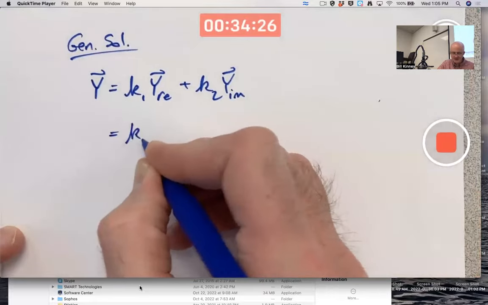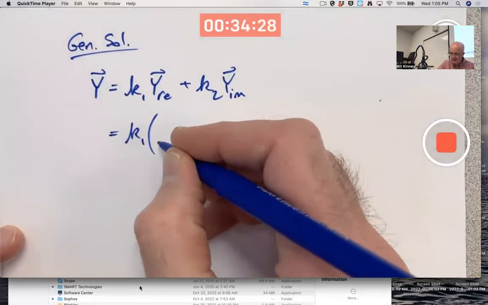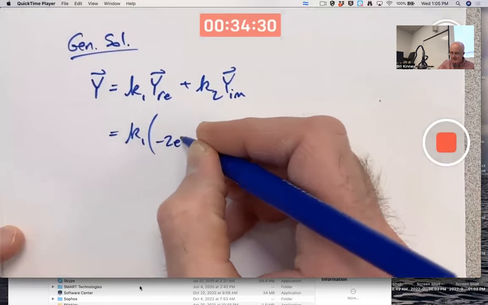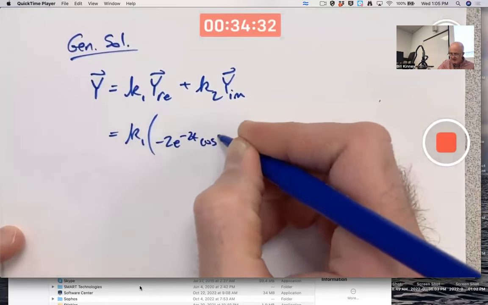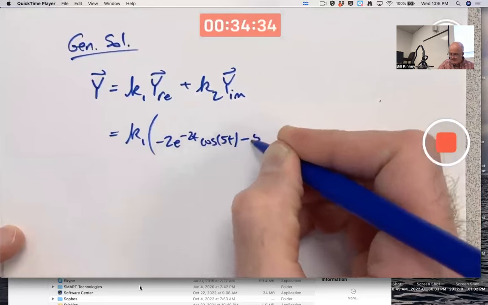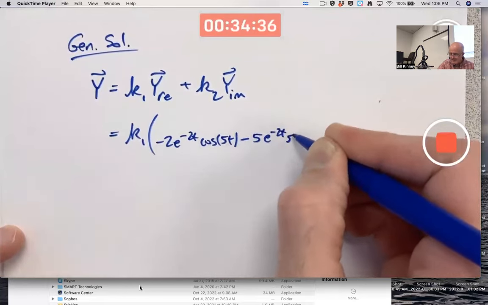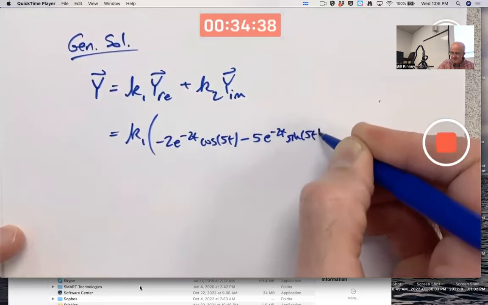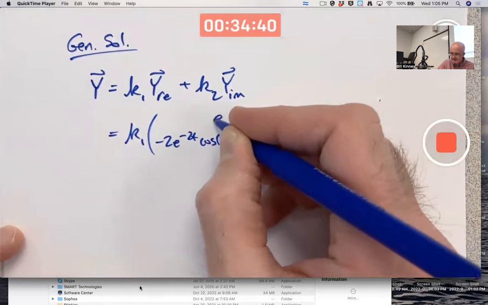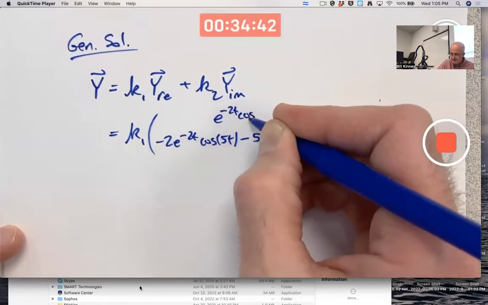If you want more precision, it's k1 times, okay, I'll go ahead and write it out here. Negative 2 e to the negative 2t cos 5t minus 5 e to the negative 2t sin 5t. And up here it's e to the negative 2t cos 5t.